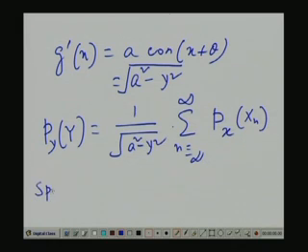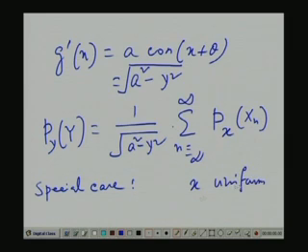Special case, x is uniform between minus pi and pi. So, that means it will have a probability like this.